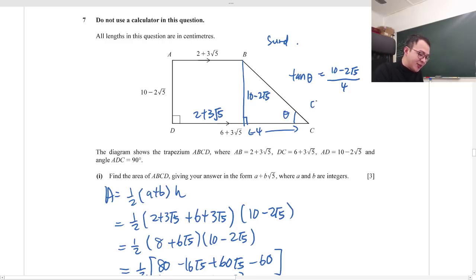So cotangent means what? They say cotangent of BAD, right? So basically you flip it over: 4 over 10 minus 2 sub 5. Then I will need to rationalize.